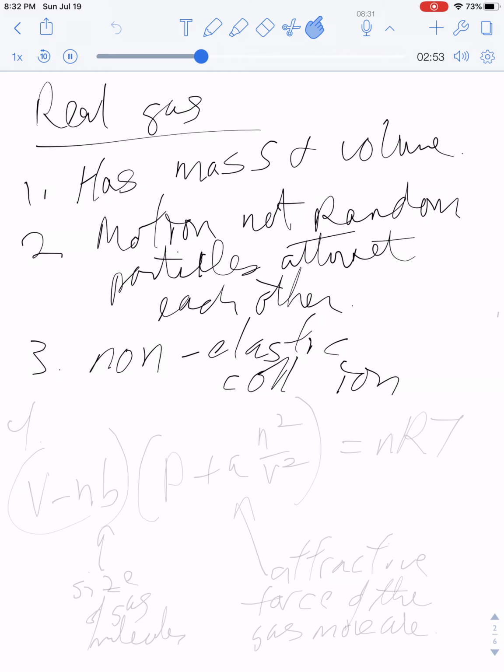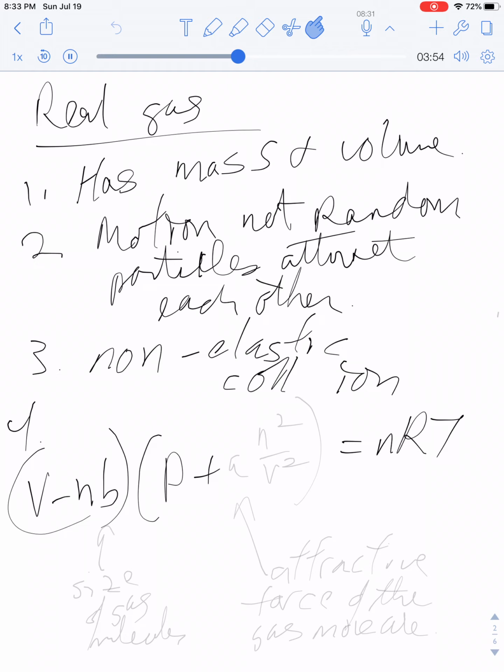Now, the equation for the ideal gas formula is PV equals nRT. You remember that. Whereas the equation for a real gas is (V minus nb) times (P plus a n over V squared) equal to nRT.